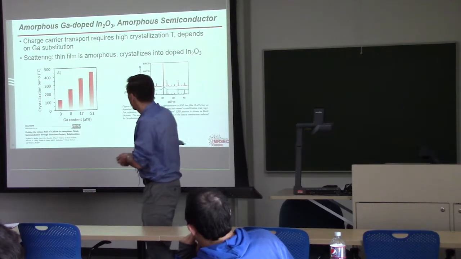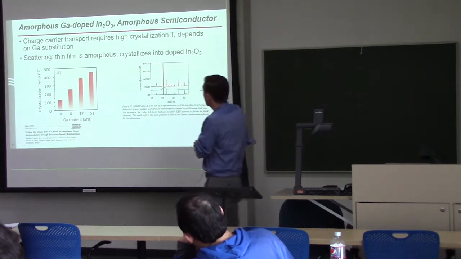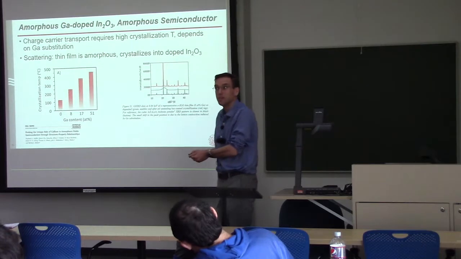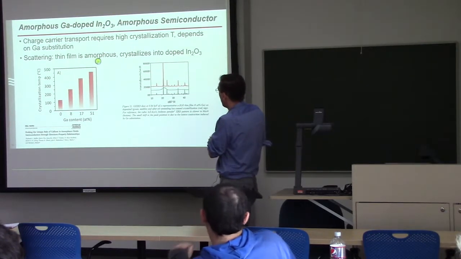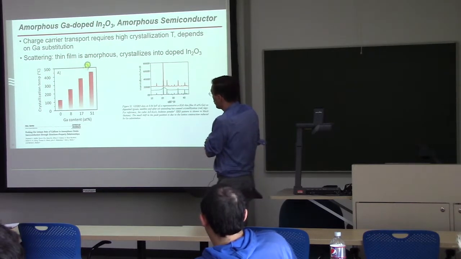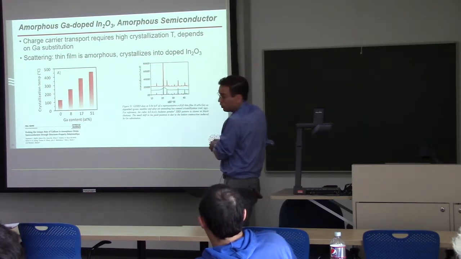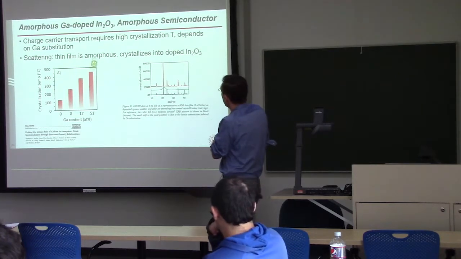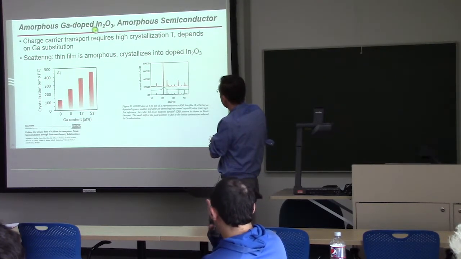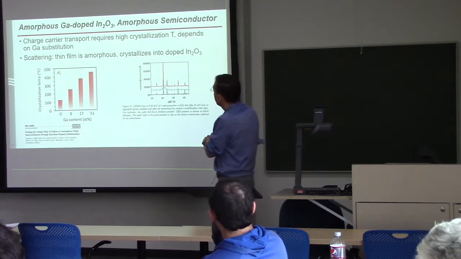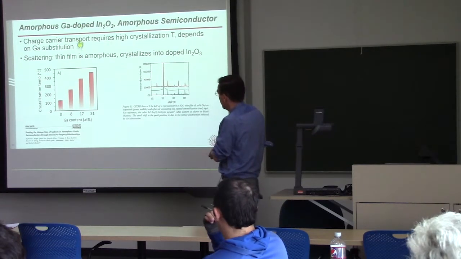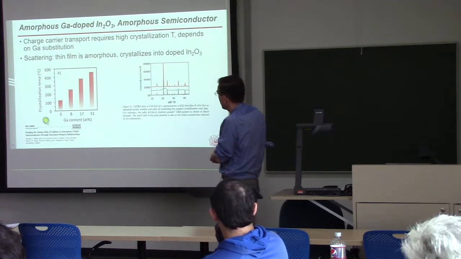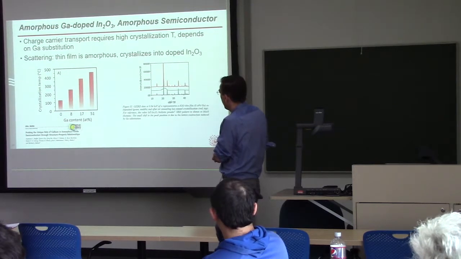In contrast with much of what our MRSEC is trying to do, they do not want to crystallize these semiconductors, because the semiconductors that they want require the amorphous structure to be uniform throughout and to avoid nanocrystals. So they would like to have indium oxide. They dope the indium oxide with gallium so that the resulting amorphous structure is maintained at high temperatures. And so here's a study of the crystallization temperature as a function of the gallium content.